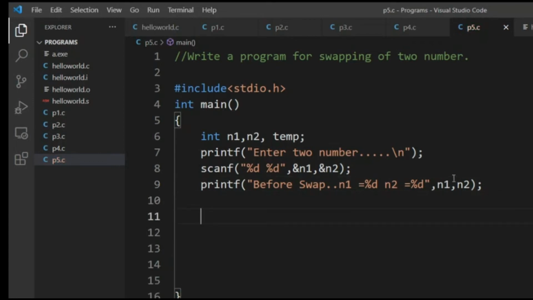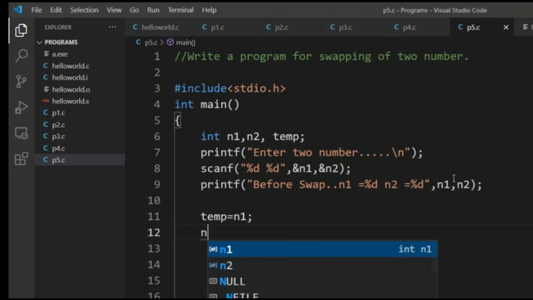I have printed before swap. Then my logic is that I will first store number one in the temporary variable. Then I will store number two in number one. Then number two is equal to the temporary variable.